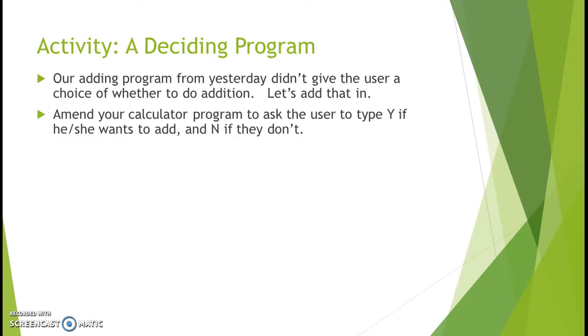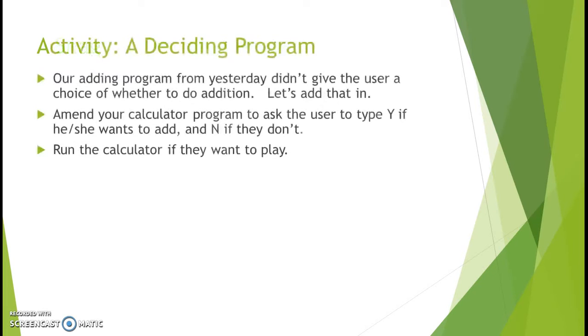Ask the user to type Y if he or she wants to add, and type N if they don't. And of course run the calculator if they want to play, and don't run it if they don't want to play. So go ahead and do that now. Go ahead and put together your program and pause the video while you get that completed.